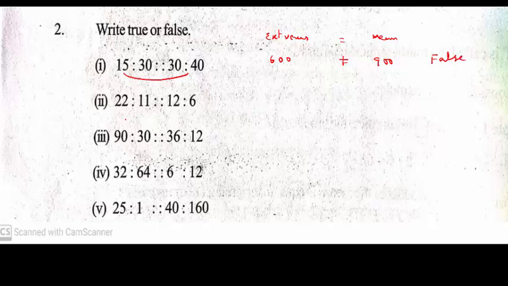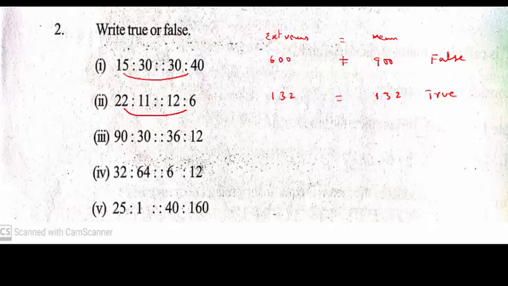First sum is false. Second, the product of extremes: 22 into 6 equals 132. Means: 11 into 12. 11 twelves are 132. These are equal, so it is true. Second one is true.